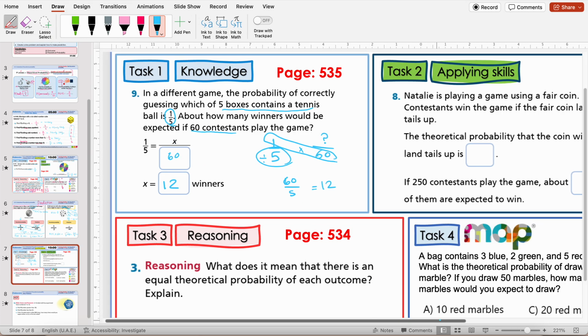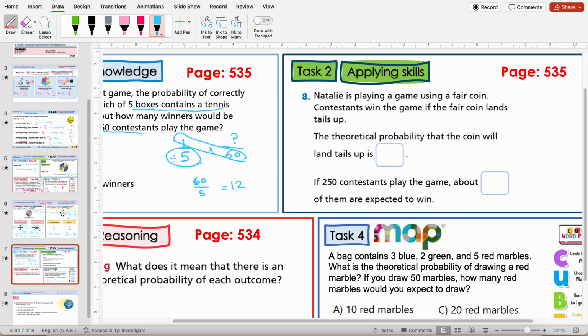How many out of 60? That's it. Here, our friend is playing a game using a fair coin. Contestants win the game if the fair coin lands tails up. The theoretical probability of a coin landing tails up is basically, we have head or tail, so it's 1 out of 2 possible outcomes. This is the probability of landing on tail.